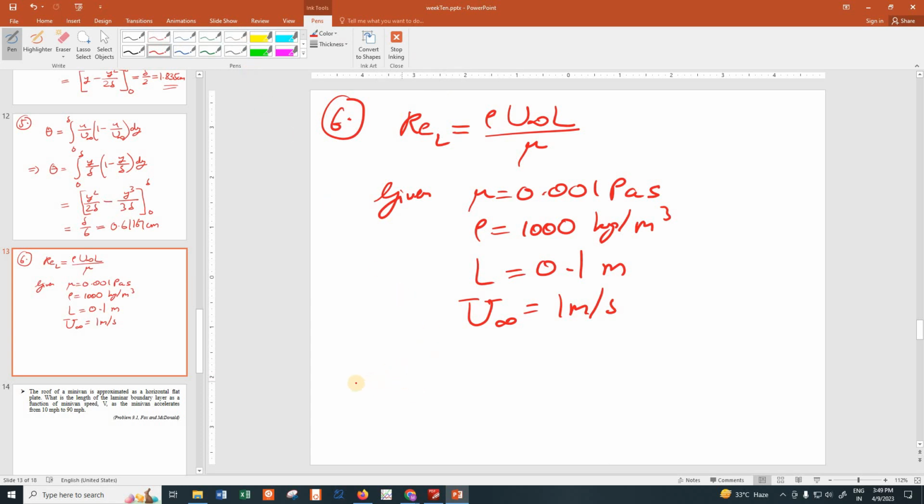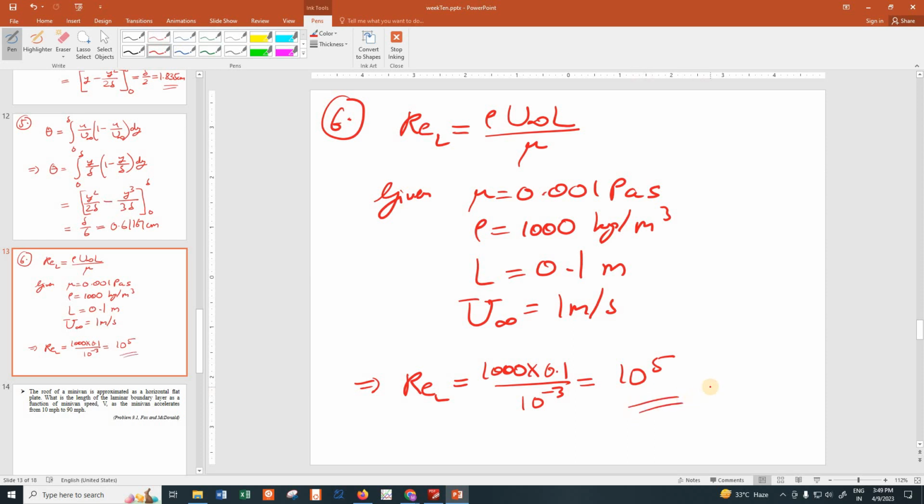So 1000 into 0.1 by 10 to the power minus 3 is equal to 10 to the power 5.